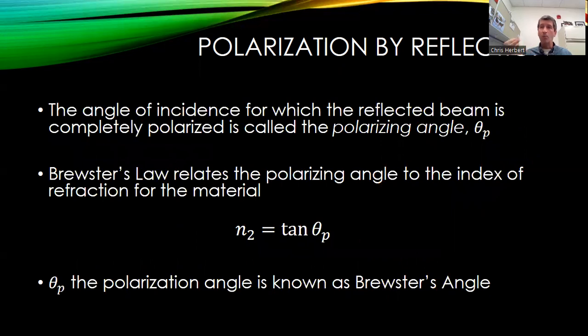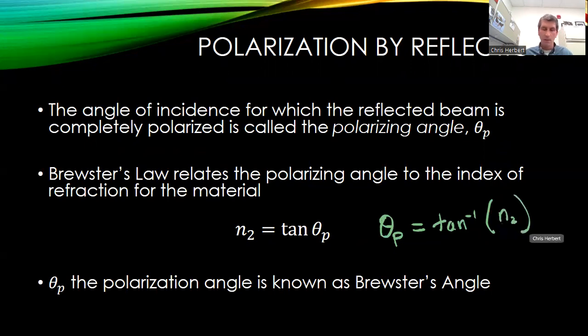Now, how much the light is polarized is really dependent on how close to Brewster's angle you are. All reflected light has some polarization to it, but Brewster's angle, known as a polarization angle, is equal to the inverse tangent of the index of refraction of the second material.